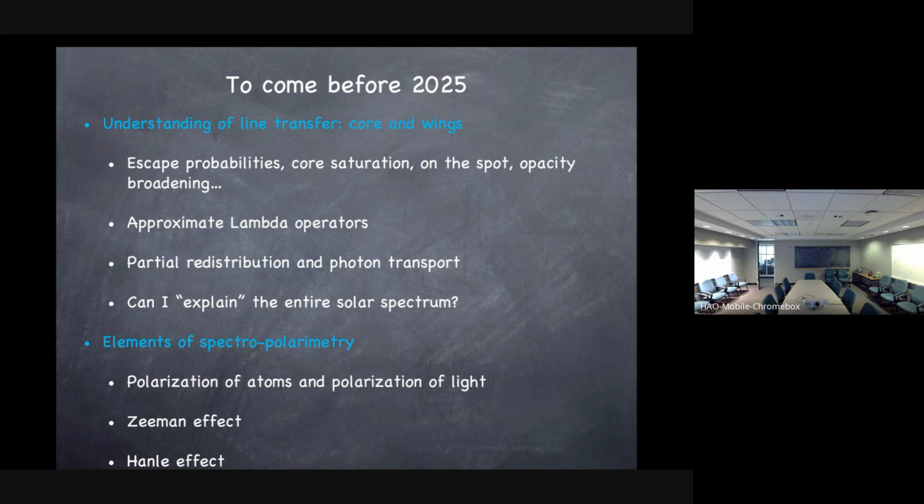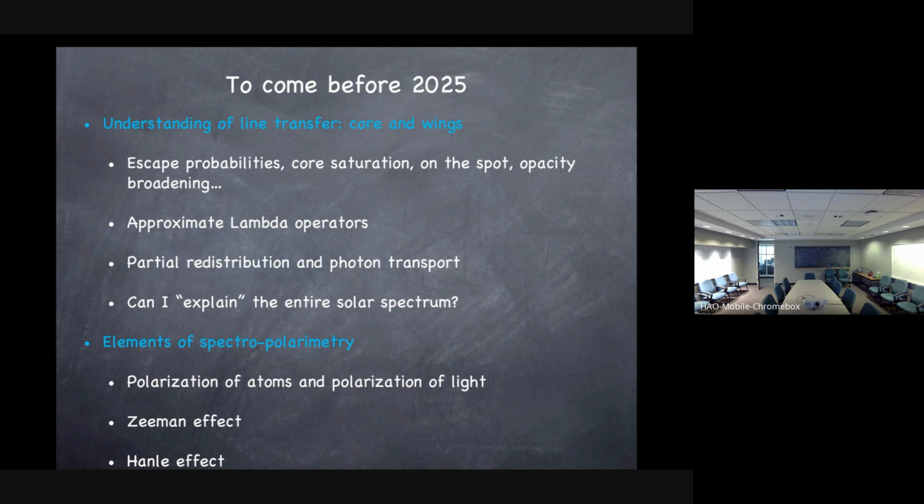We've already looked at some of this. We're going to look a little bit closer at what the approximate lambda operators are. I'm going to give you something about partial redistribution, and at the end of the day, with non-LTE, I want to be able to explain the entire solar spectrum to you.